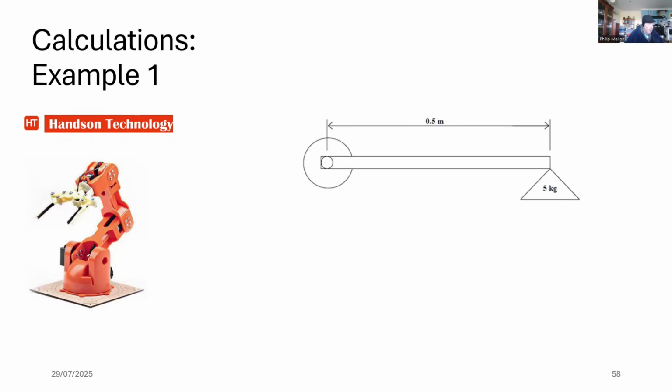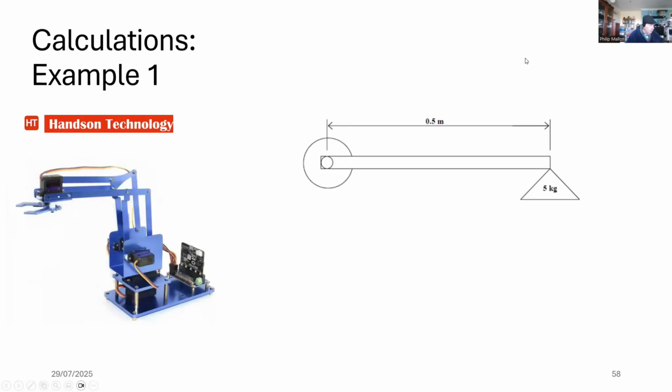On the diagram, the circle represents our motor, and it's going to lift the 5 kilogram load. So this is our requirement. And there's another one of the robots that I've constructed.